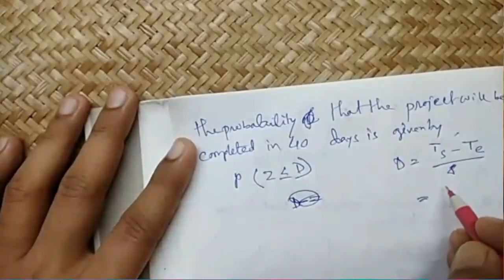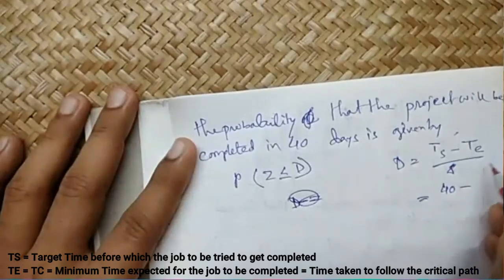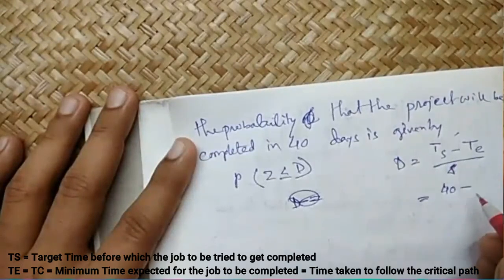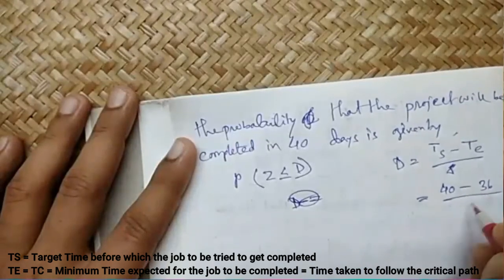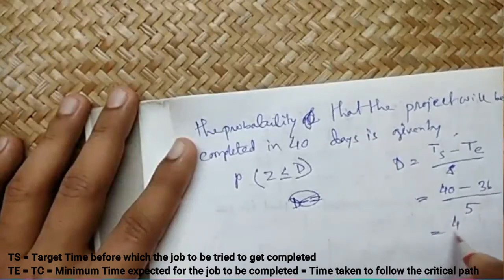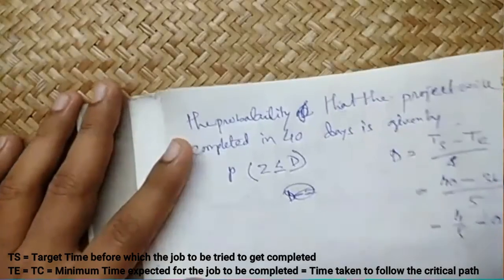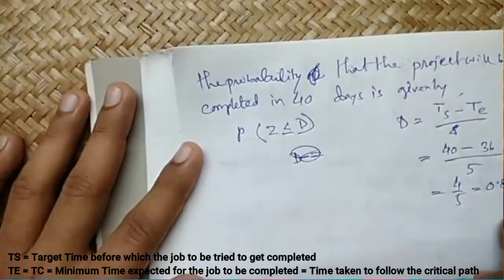Ts is 40, that is the target. Te is 36 and sigma is 5. So this becomes 4 by 5, which is 0.8. Okay, so D becomes 0.8.